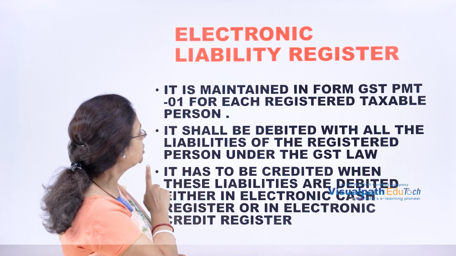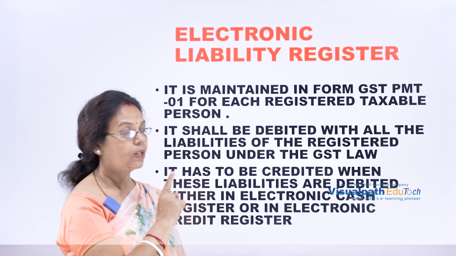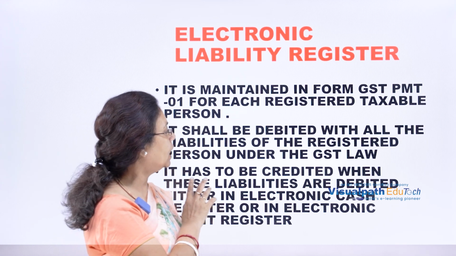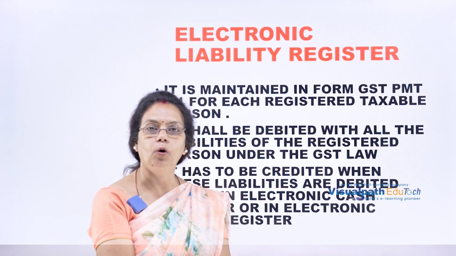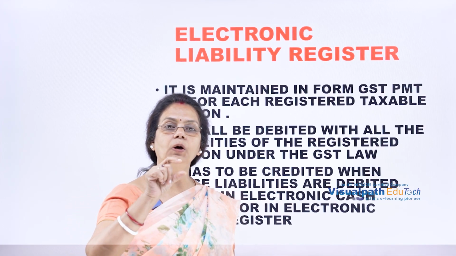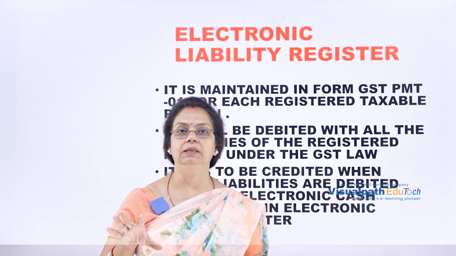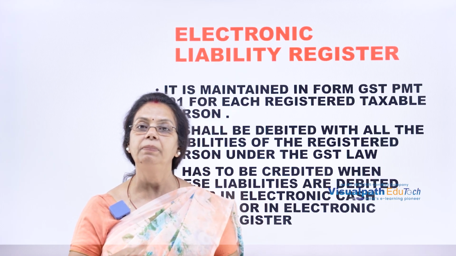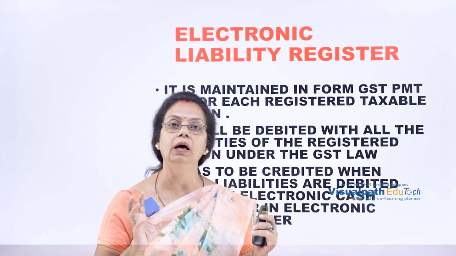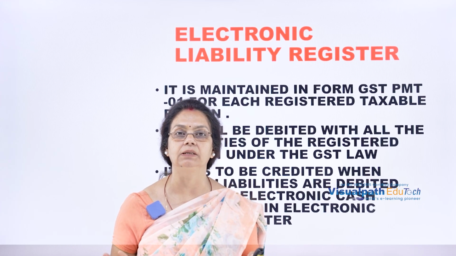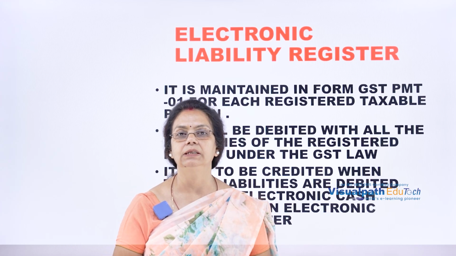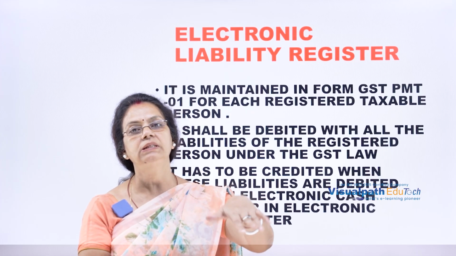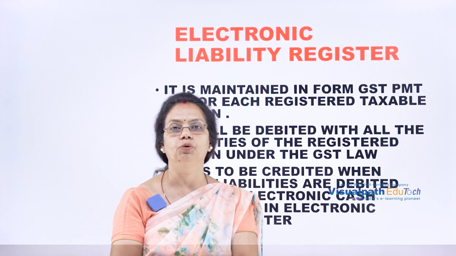Next, it shall be debited with all the liabilities of the registered person under the GST law. Debited means deducted. When an amount is credited, the amount is deposited. When the amount is debited, it has been withdrawn.